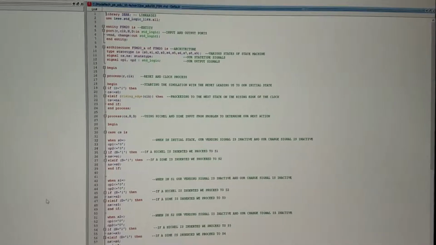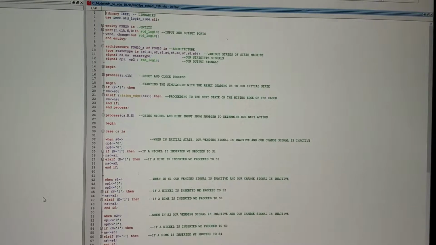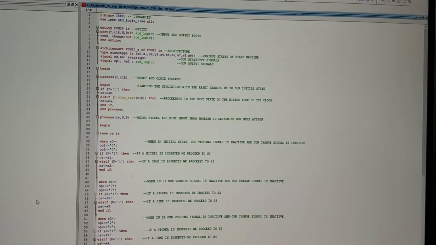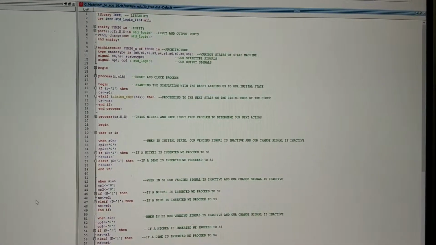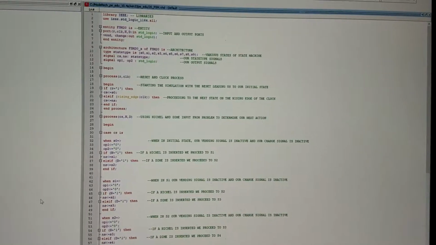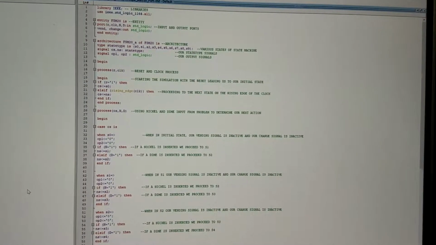So for our FSM, basically we're starting at the top. We have our libraries, entity, our architecture, reset and clock process, and beginning the simulation, we proceed on to the next state on the rising edge of the clock.